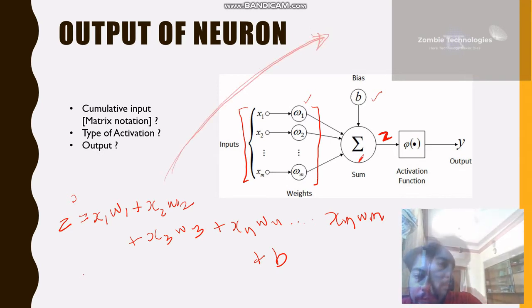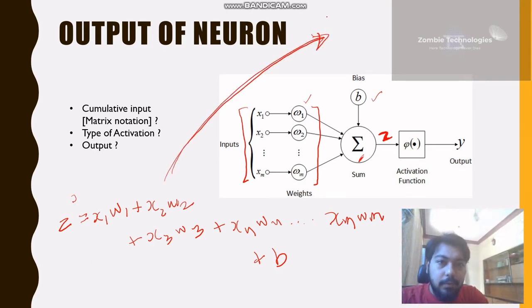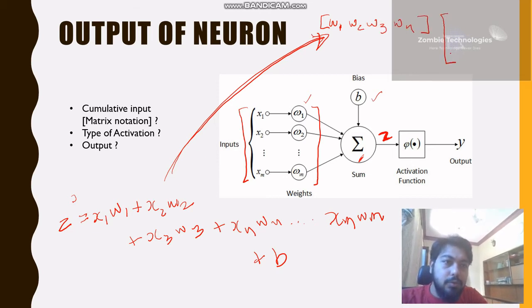We could simply represent it like this: w1, w2, w3, w4 and so on till wm, multiplied by x1, x2, x3 till xm, plus bias.